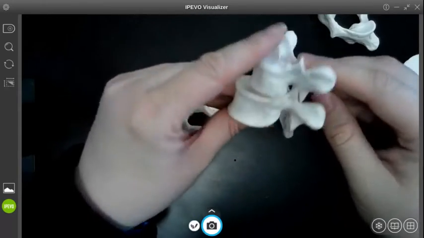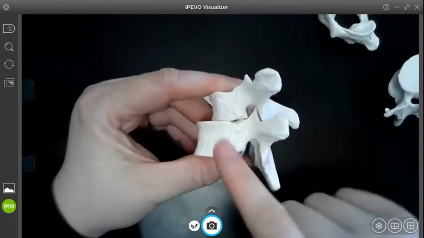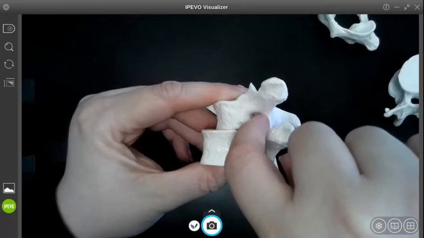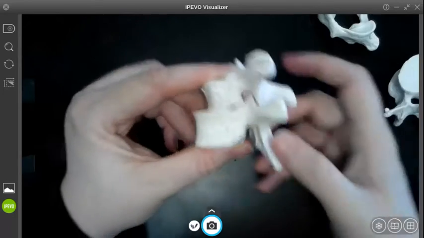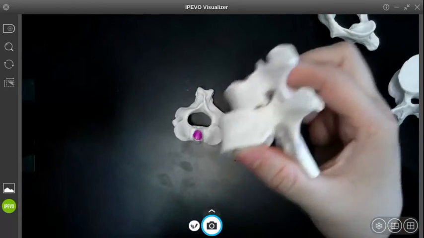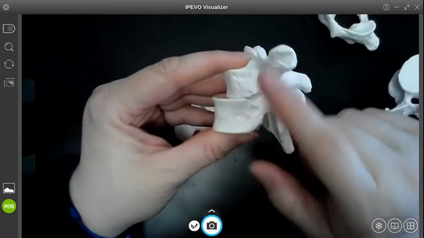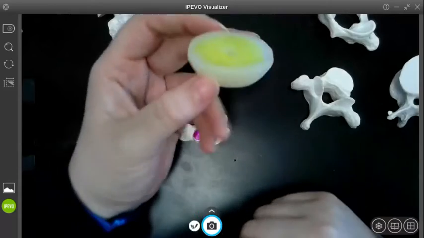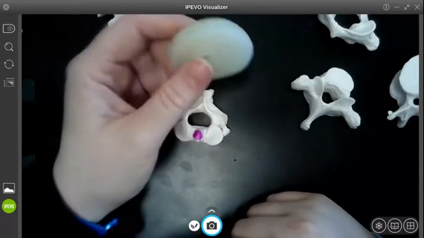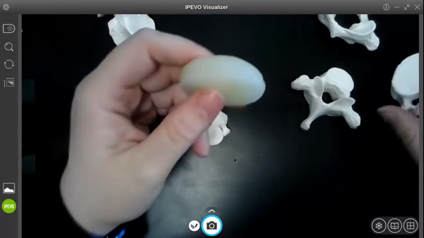Now, if you look in between, there's a hole right here. That's an intervertebral foramen. Intervertebral foramen, because it's in between the vertebra. This is an intervertebral disc. This is a representation of the cartilage that you have in between your vertebrae.